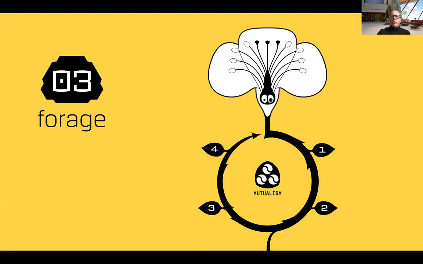And there's a mutual relationship between the two, because both the flower and the bees benefit. The bee is able to identify certain characteristics of the flower and is attracted to it.